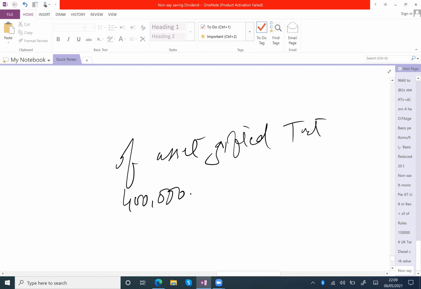So the CLT value was 350,000 in lifetime and at the time of death the value increases. So it doesn't matter, it will not affect you. You have to use the lifetime value at the time of death. If the value increases, it doesn't affect the taxpayer. But if the value decreases at the time of death, fall in value relief is available.